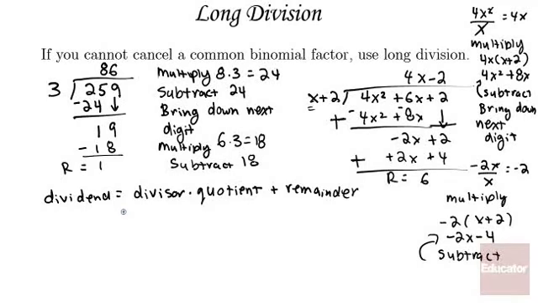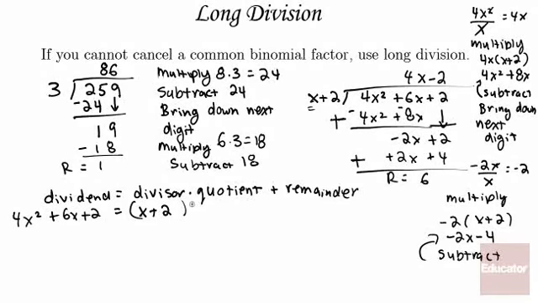So I'm going to go back and say, okay, the dividend, if I did this correctly, is going to equal the divisor, which is x plus 2, times the quotient. This is my quotient right up here.